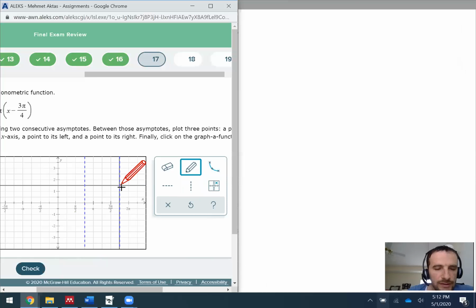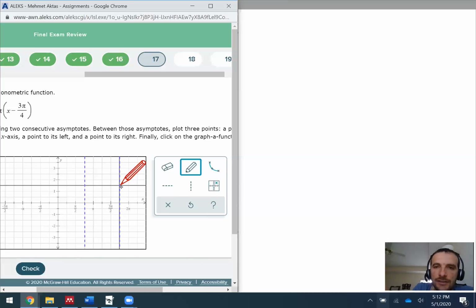Now we have to plot the x-intercept, right? We have an x-intercept when cotangent is equal to 0. So cotangent is again cosine over sine. So cosine over sine should be 0, which means cosine is 0. And we know that cosine is 0 when x is equal to pi over 2, right? But we are shifting everything 3 pi over 4 units to the right.